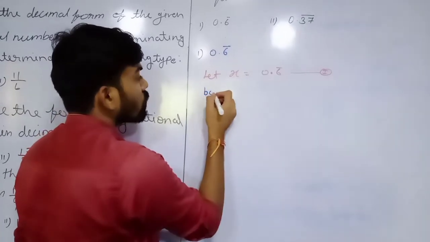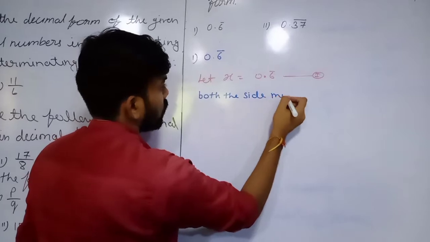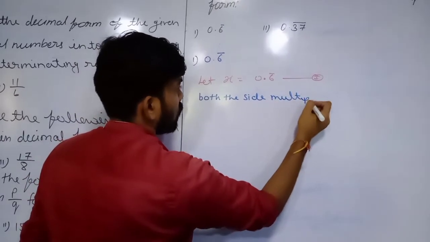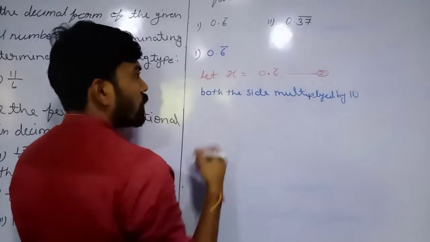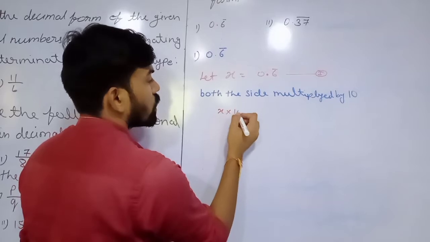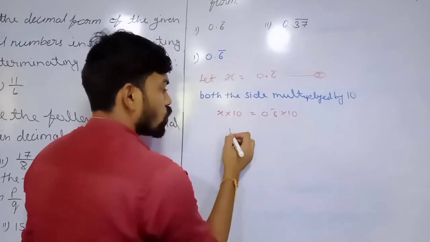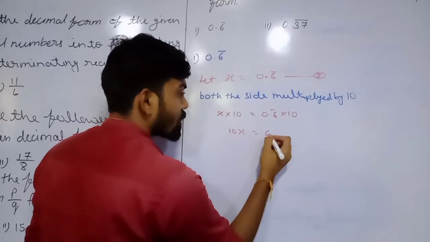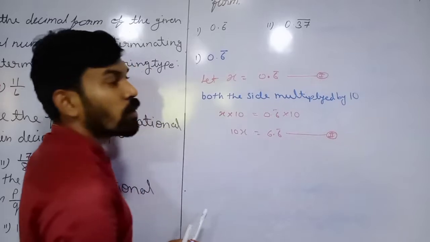So x into 10 is equal to 0.6 bar into 10. So 10x is equal to 6.6 bar. This will become the second equation.